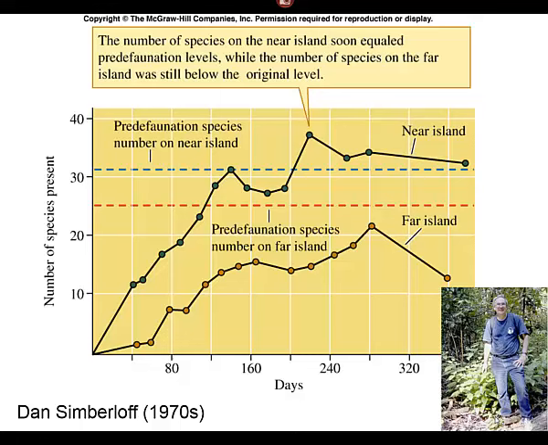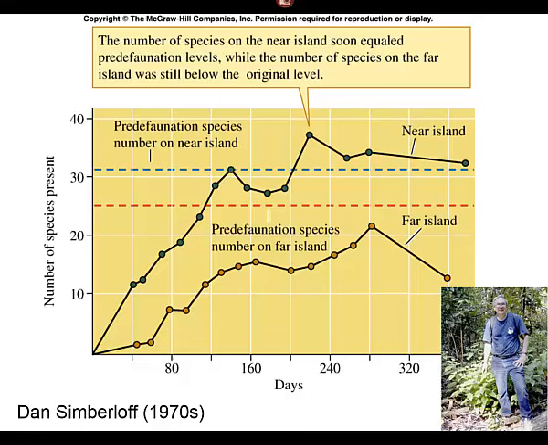So the number of species on the near island soon equaled pre-defaunation levels, I can never say that, while the number of species on the far island took longer. It was still below that original level even after a year. The blue dotted line represents the number of species present on the near island before they fumigated it, and the red dotted line is for the far island.